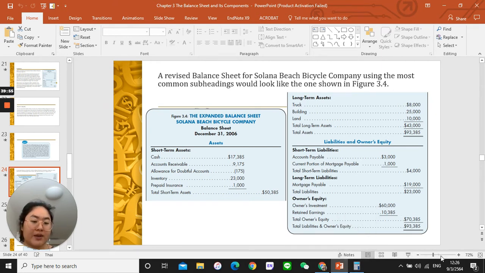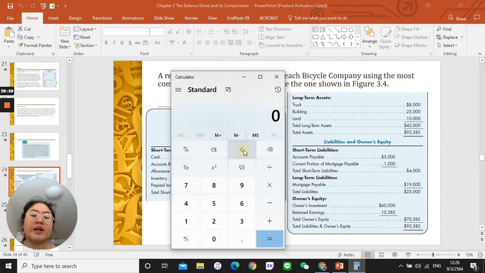And the next one is owner equity. You can see from this that the owner equity has two parts. The owner equity comes from the owner investment of 60,000, which Sam invested, plus the retained earning during that year, 10,385.